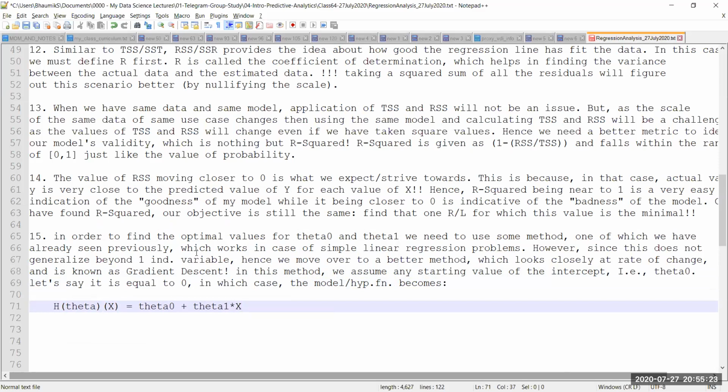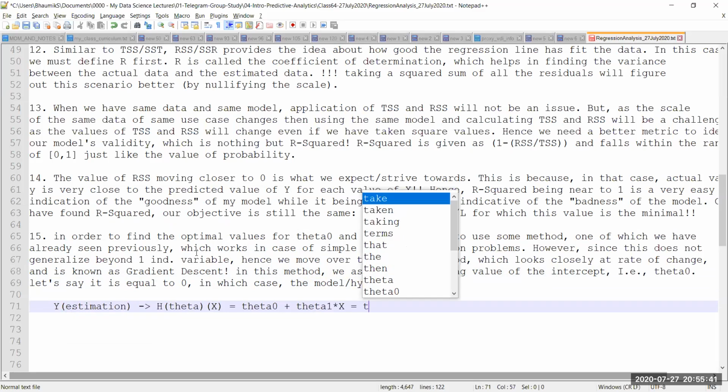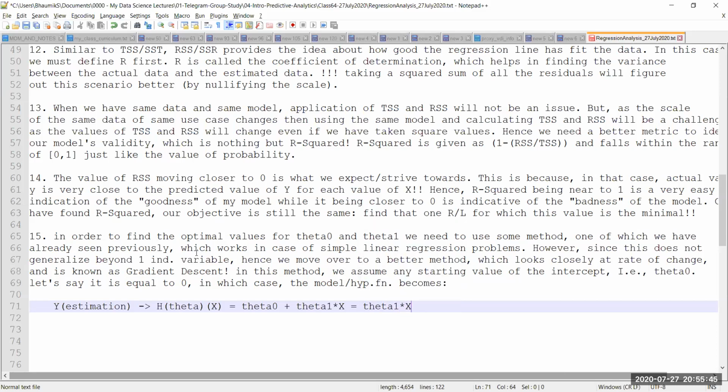So this is my y, or y estimation, h of theta x is equal to theta 0 plus theta 1 of x. In this case, because theta 0 is equal to 0, this becomes theta 1 of x.